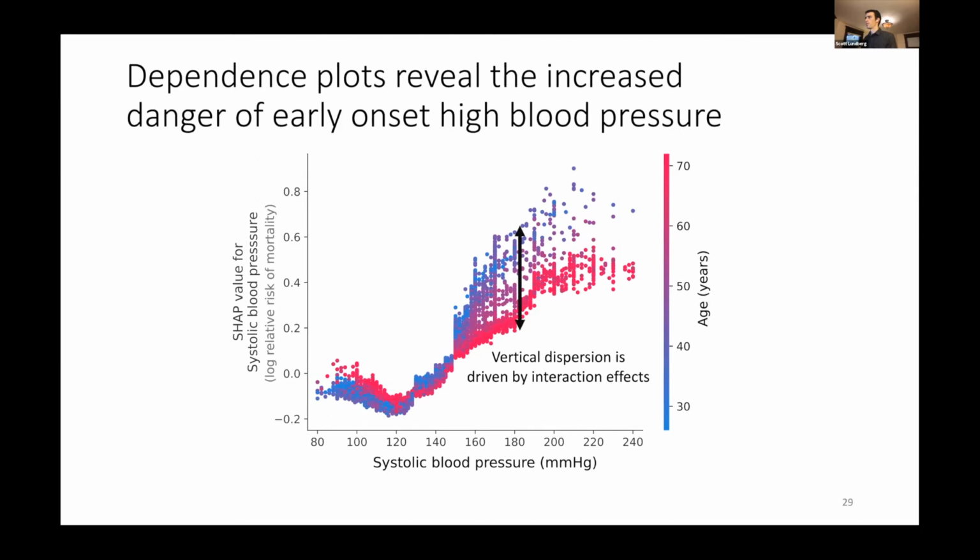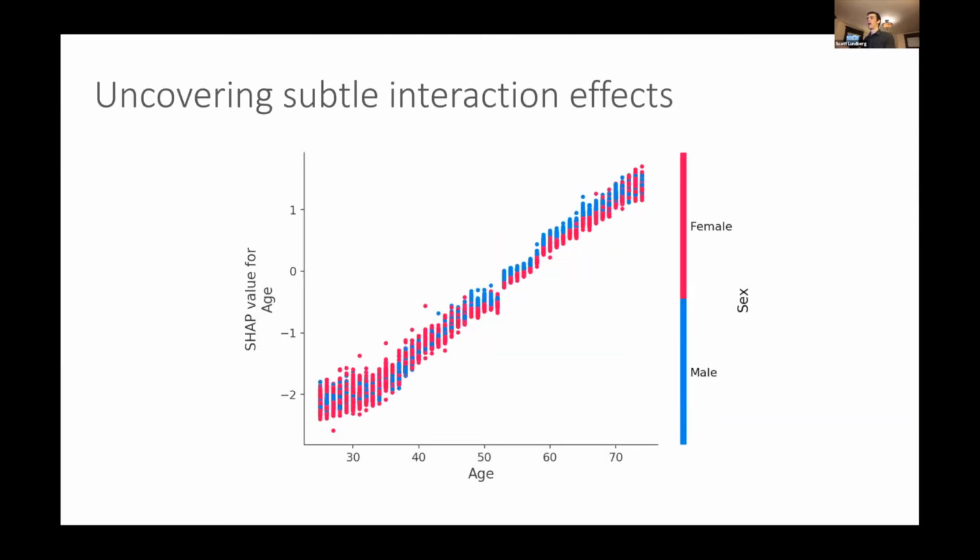Okay, so I also want to go into what's maybe an even more subtle use of these interaction effects. Okay, so here's another plot. This is the plot between age and the mortality risk. And you can see a very linear increase. And since this is the log scale, this is an exponential increase in mortality risk as you age, okay? Which kind of makes sense.